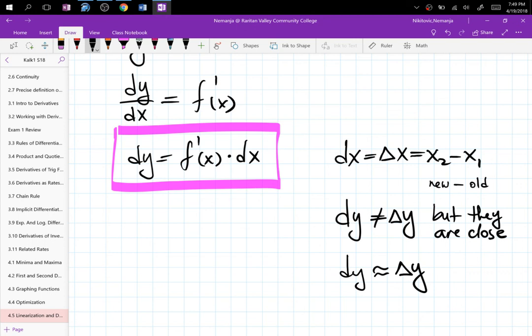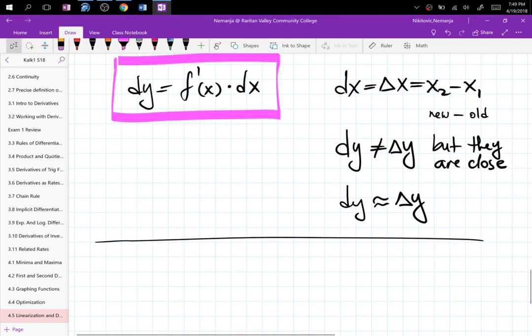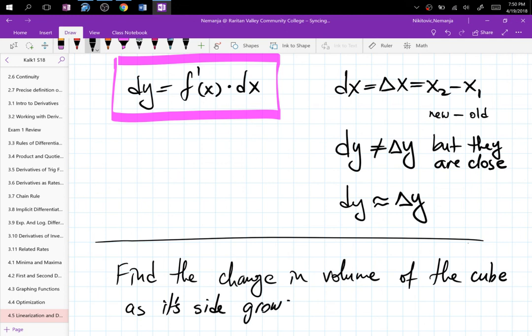So let me give you an example. Find the change in volume of the cube as its side grows from 3 to 3.06 centimeters.